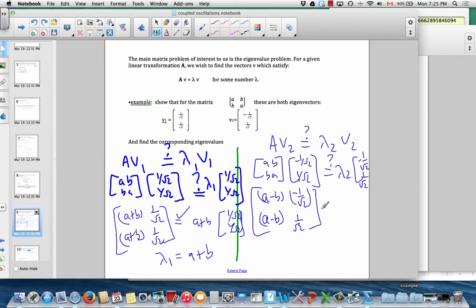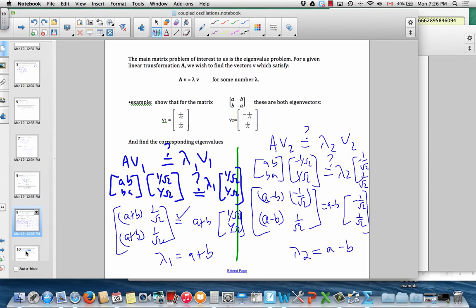But that, of course, is A minus B times minus 1 over root 2 times plus 1 over root 2. So again, multiplying this matrix by this vector equals a constant times the vector. So yes, this is an eigenvector, and this is the corresponding eigenvalue.